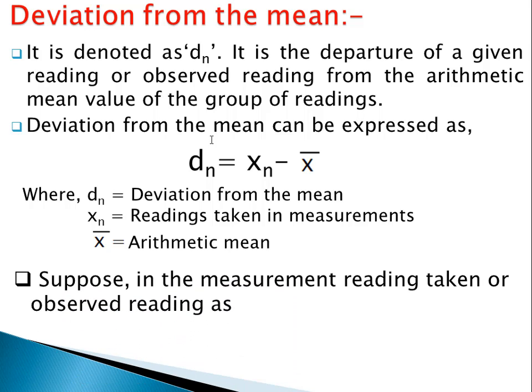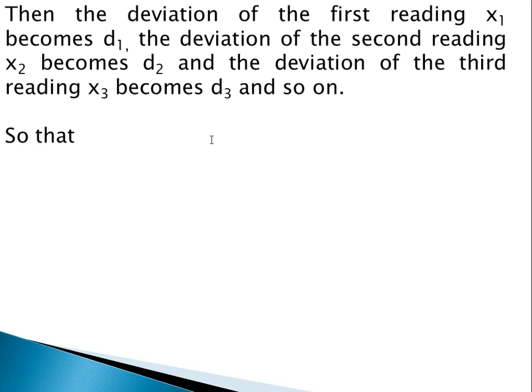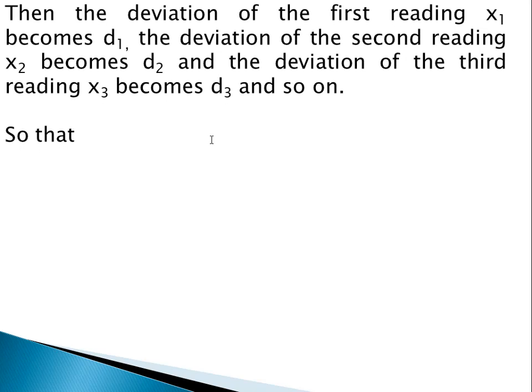Suppose in the measurement, readings taken or observed are x1, x2, x3 up to xn, so the deviation of the first reading x1 becomes d1 and the deviation of the second reading becomes d2.